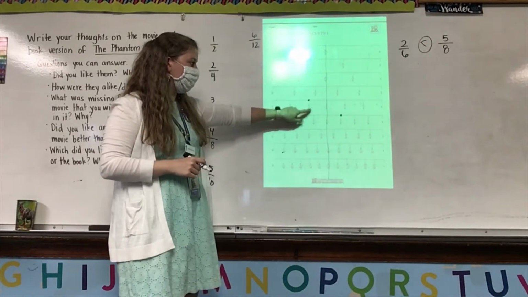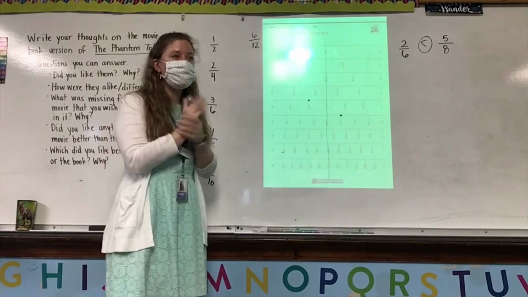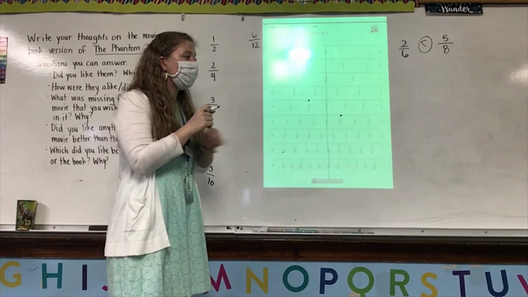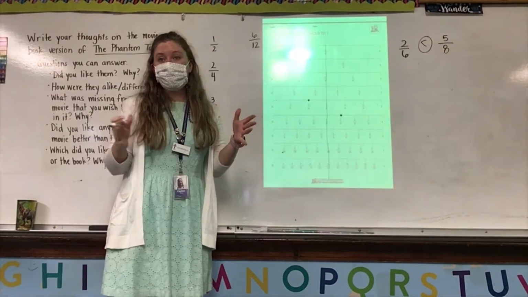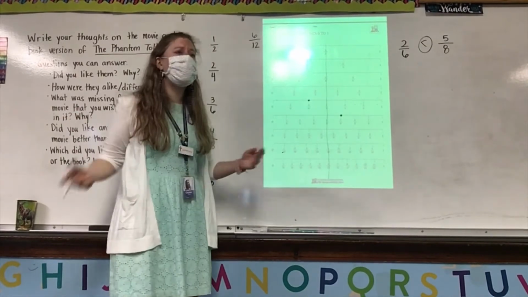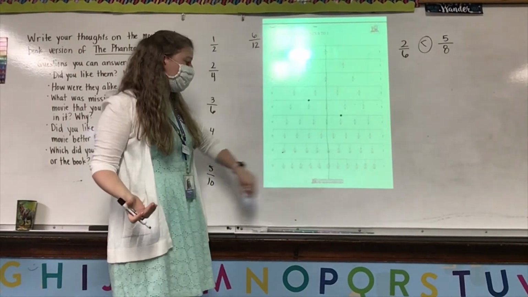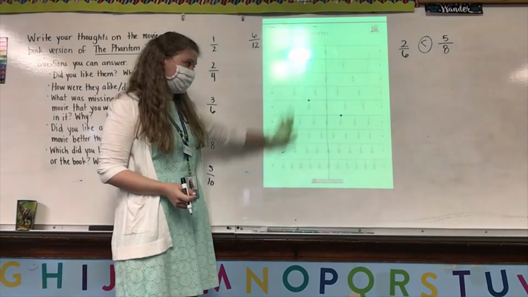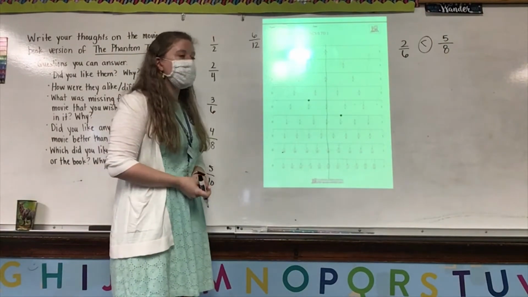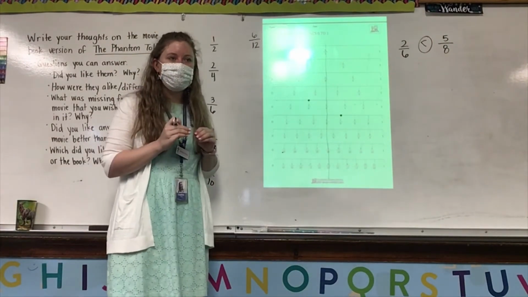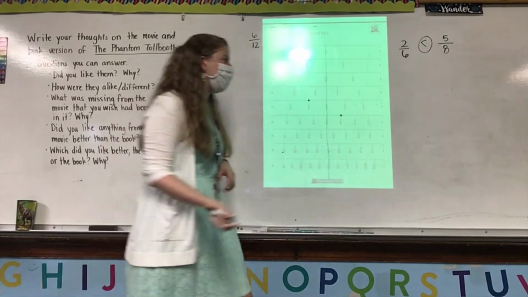Let's think of another way. Say we didn't have a number line. You'll have a number line for everything today. But say we did not have a number line, or say we were working with a denominator that wasn't on here. We would think, okay, what would half be?